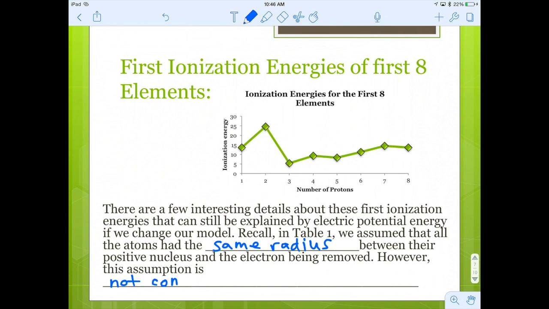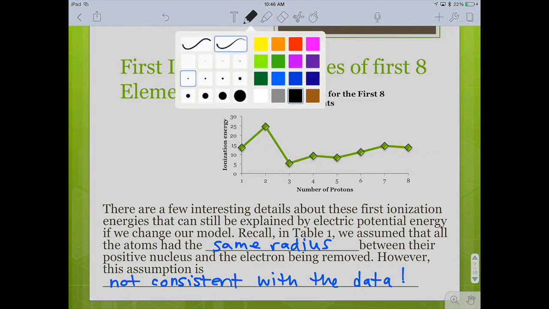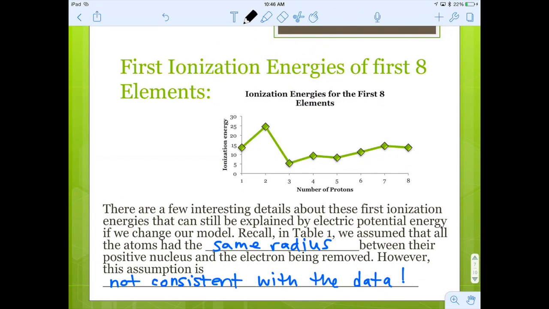It's not consistent at all. We'll notice that we have a spike at helium, a dip at lithium, and then it starts growing almost in a linear way after lithium, but the idea that they're all at the same distance is not going to fit our data.